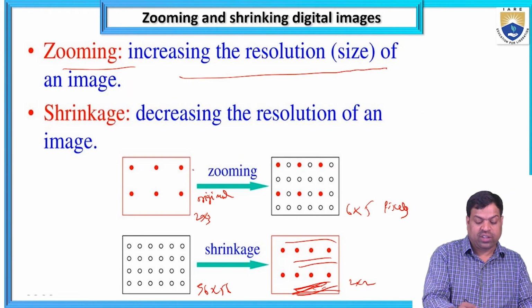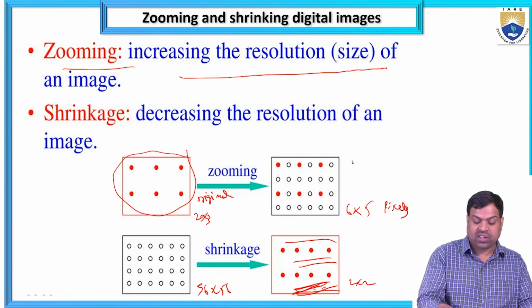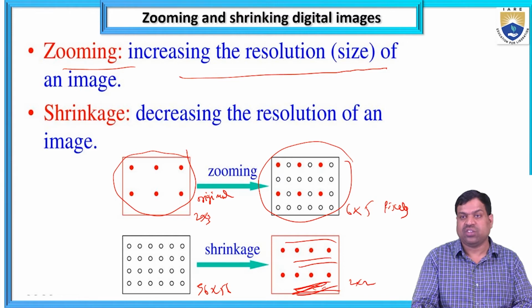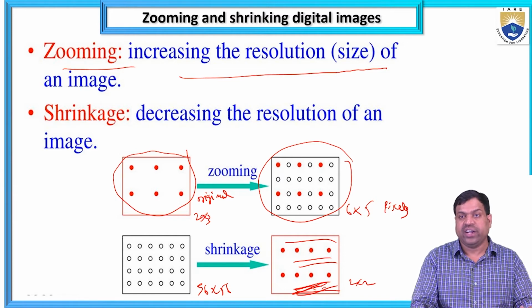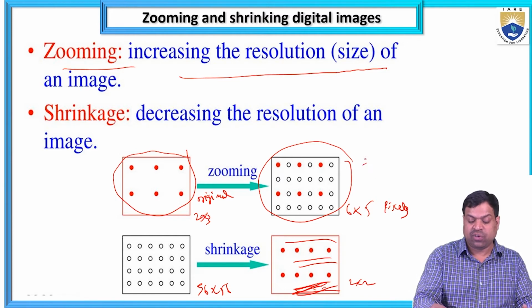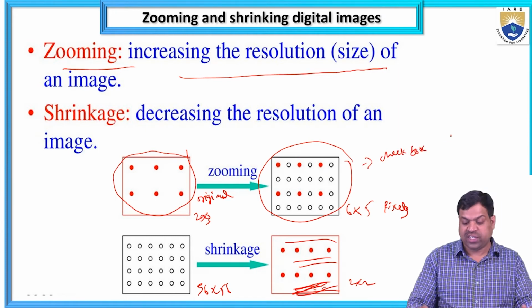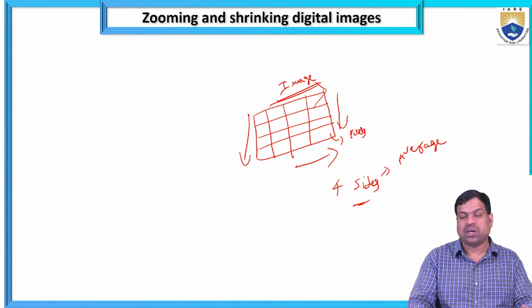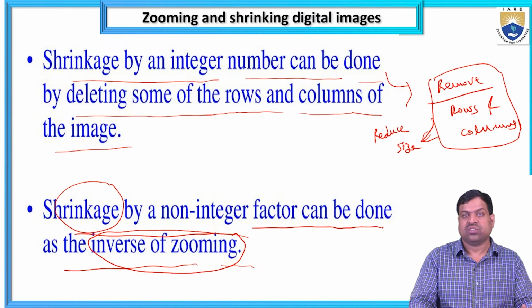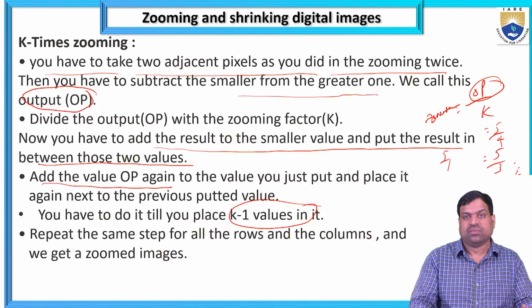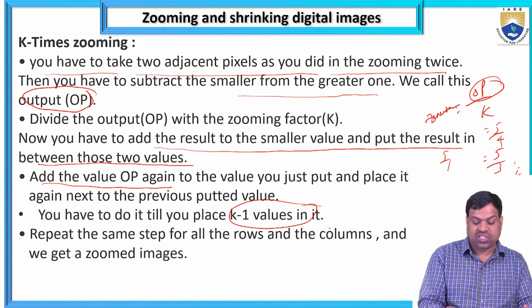Suppose here only 6 pixels are there, but here so many pixels are there. So many pixels means we have to create some intensity values. How are we creating the intensity values? With the help of the checkerboard, I am applying the intensity values. Like this, we are changing the intensity values.